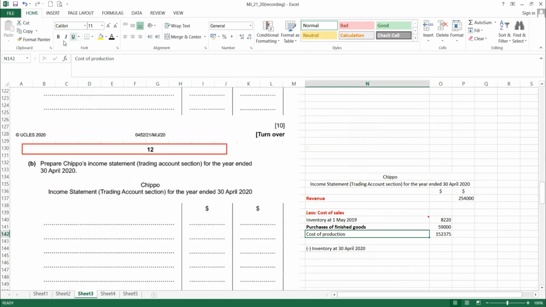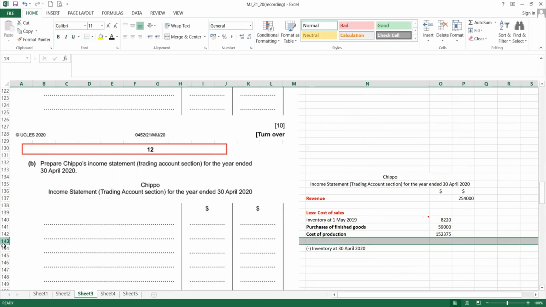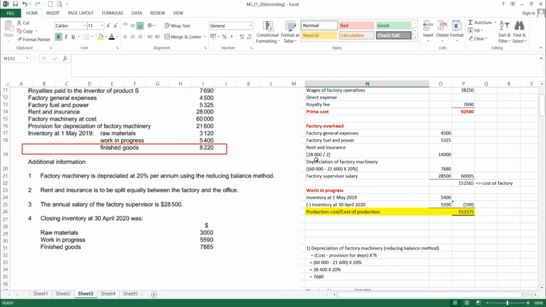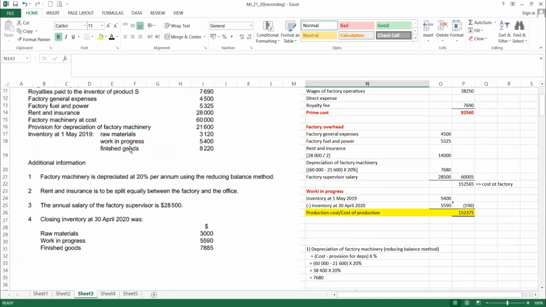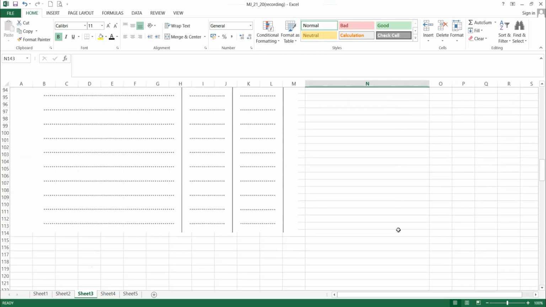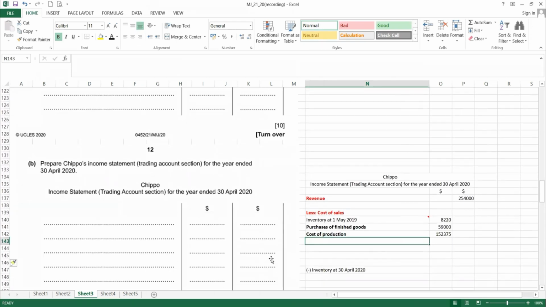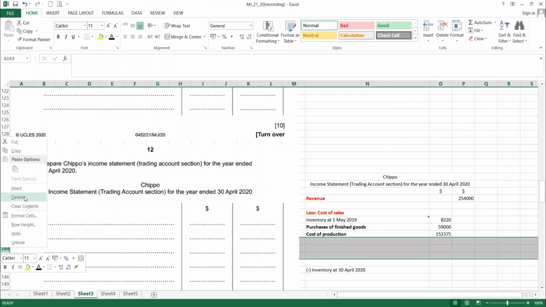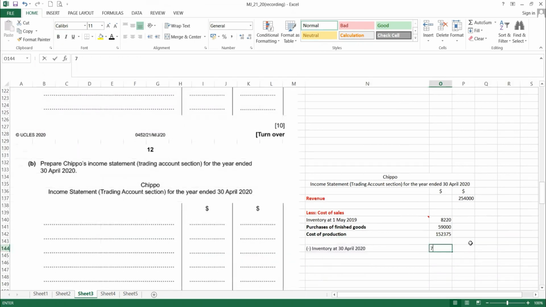This is one of the important parts under the cost of sales. Okay. See any more other item related? Okay. The last one, finished good, 7885. This one is closing inventory 7885, finished good.